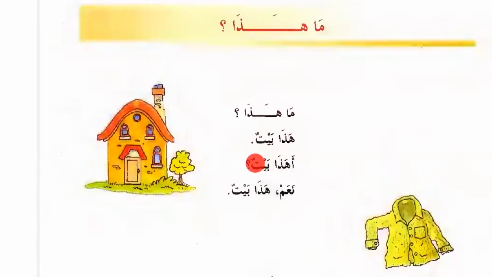Then, "ahaza baitun," the person is still in doubt. Is this a house? So you see the hamza of istifham I was talking about. The first one we have is haza baitun. The same sentence, haza baitun, but the hamza of istifham is added to the second one to make it interrogative. That is why you see a question mark, alamatul istifham, here. Then you have, "na'am, haza baitun," yes, this is a house.